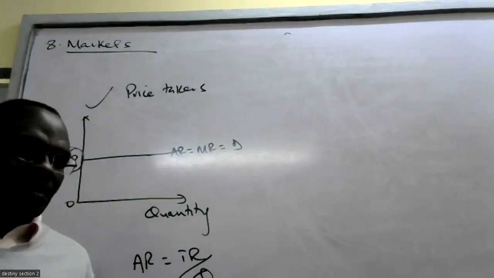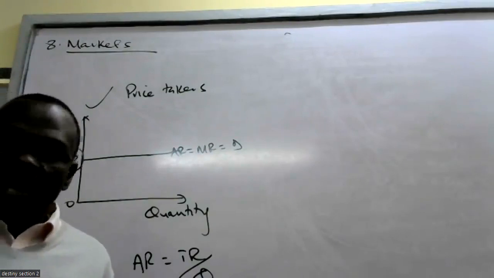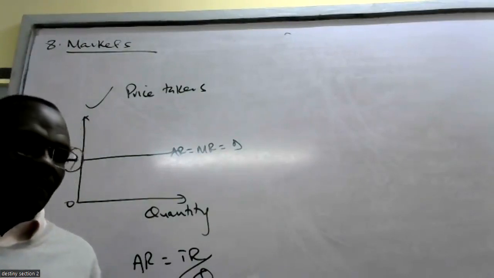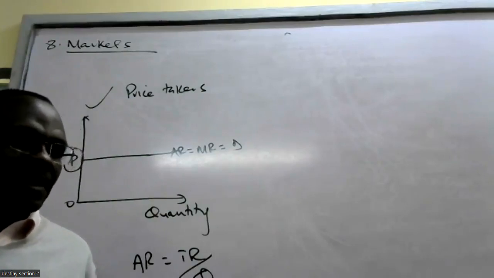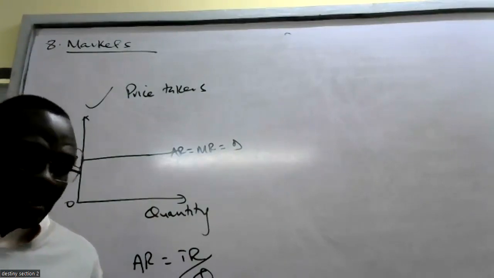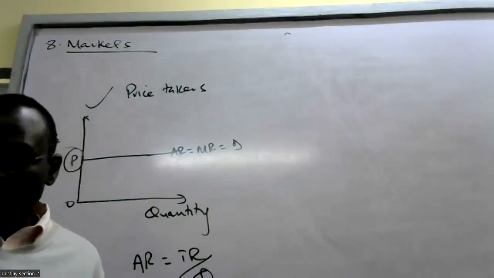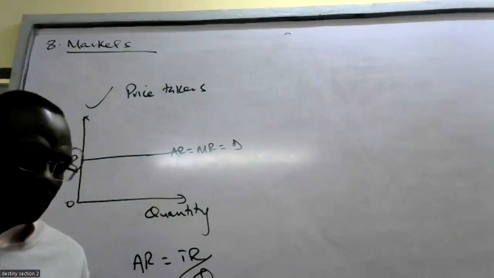The entry and exit from the industry may take time, but firms have the freedom of movement in and out of the industry. The market price is determined by the market and cannot be influenced by any individual firm.